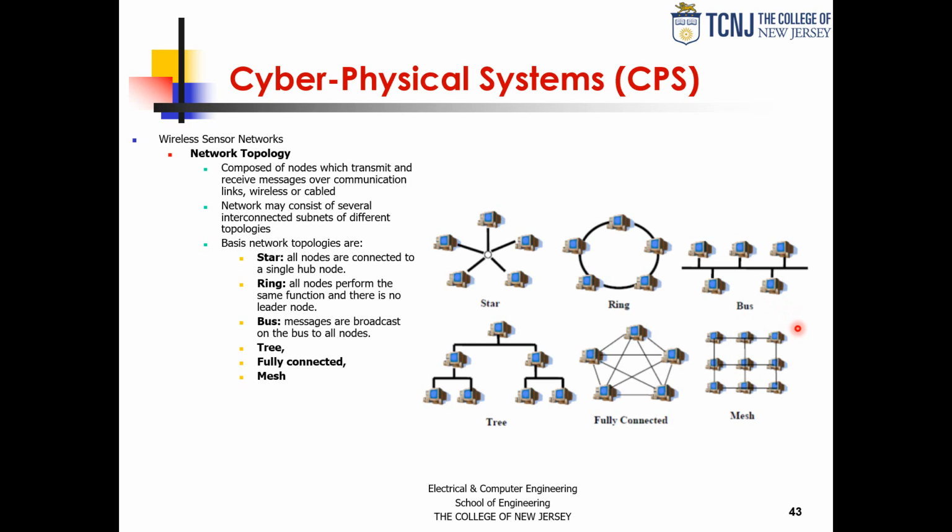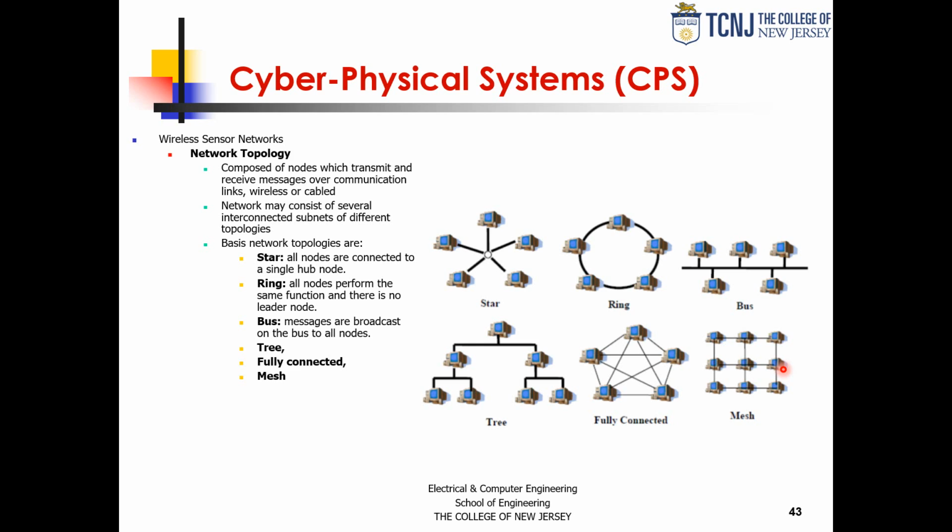The other thing is that in the mesh, the connections wrap around. It's not depicted here, but basically this one also connects to the one at the bottom, and this one, or this one for that matter, also connects to the one at the end.